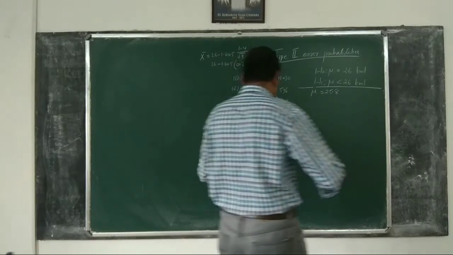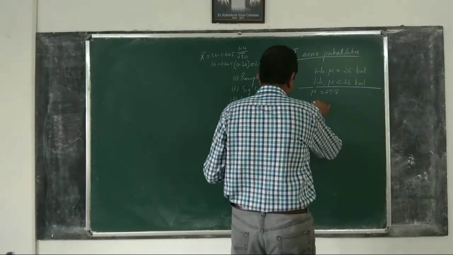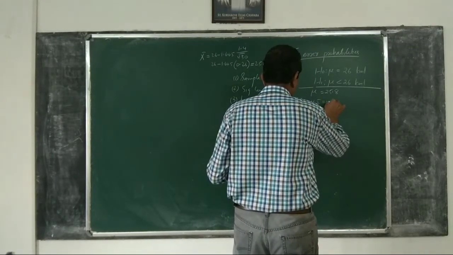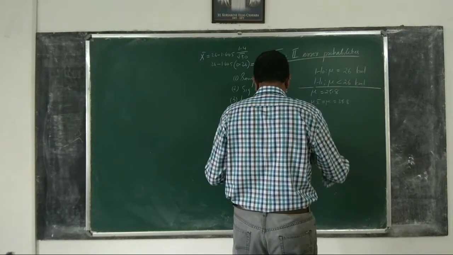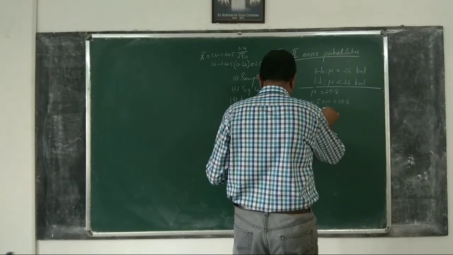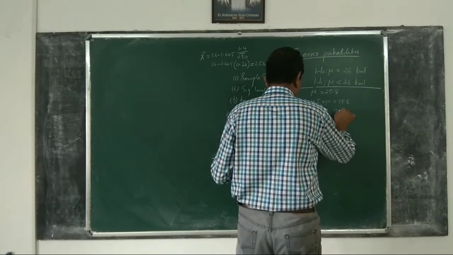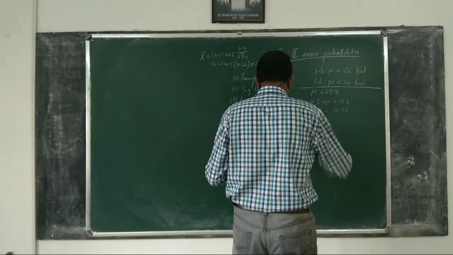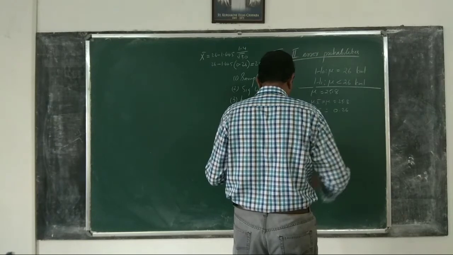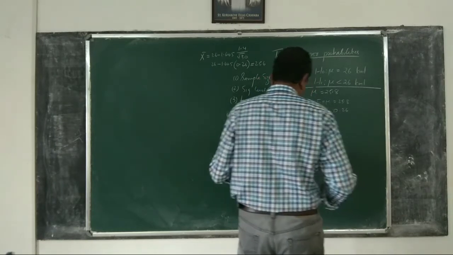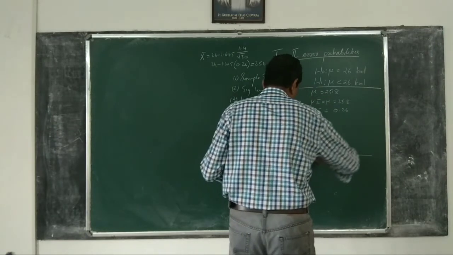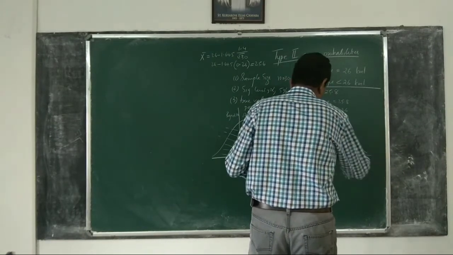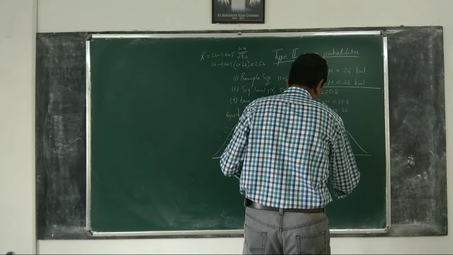So, mean of x bar is equal to mu is equal to 25.8, and sigma of x bar is equal to 0.26 that we have already calculated. X bar is normally distributed. So, the distribution here is like this. This is 25.8.